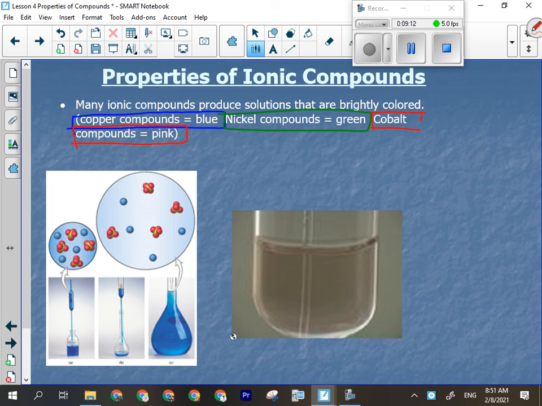Cobalt containing compounds will generally be reddish in color. Usually when they first come out of the container, they're quite a deep, almost blood red, and then as they oxidize with the air, they tend to turn kind of an orangish, faded pink color. But they're generally going to be reddish. So, does that help you identify 3 unknowns out of your 12 tomorrow? Yeah, for sure.